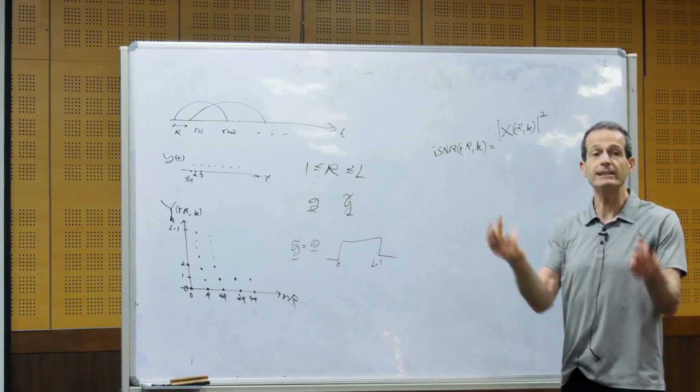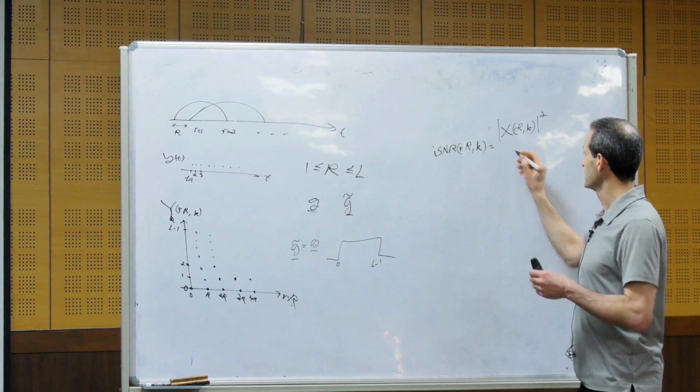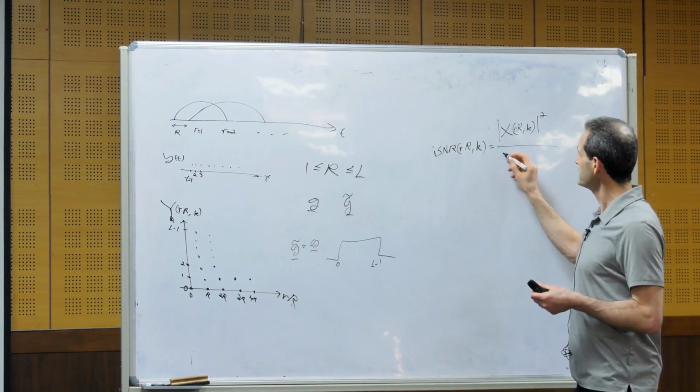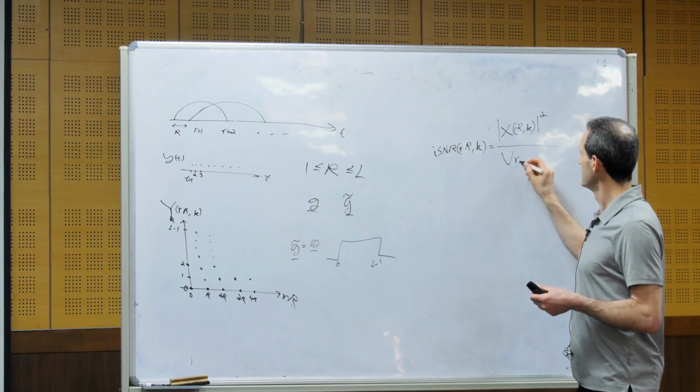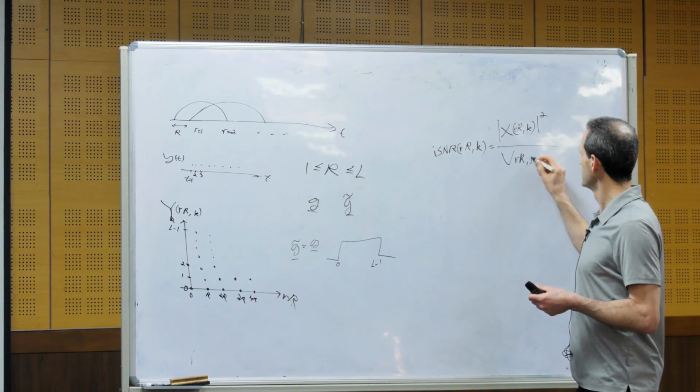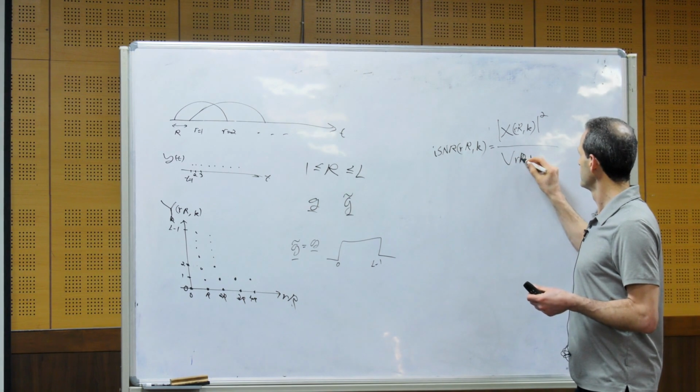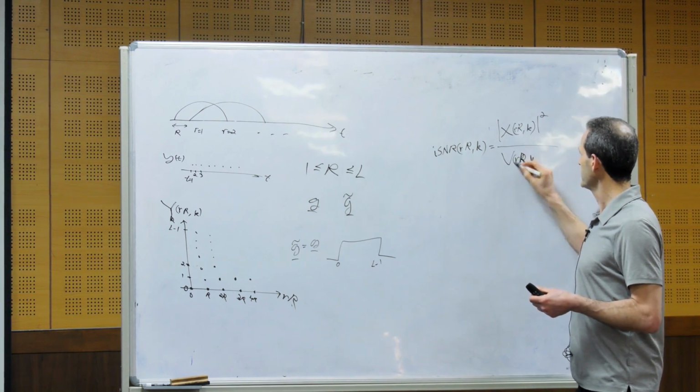It's a realization of the signal. And I take here V(R,K), something like that, magnitude squared.